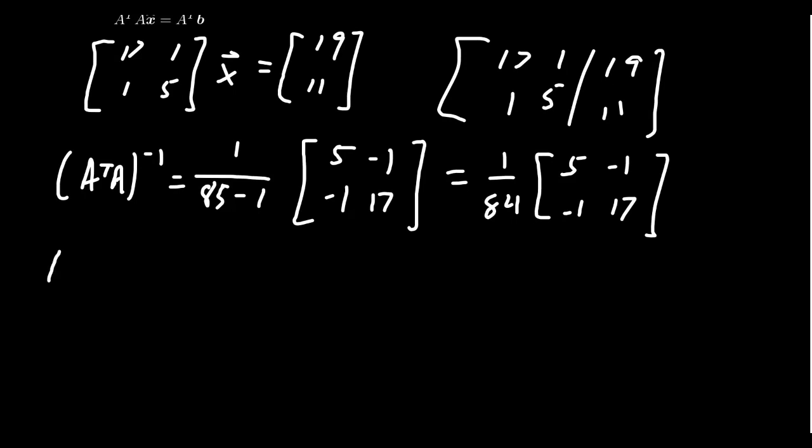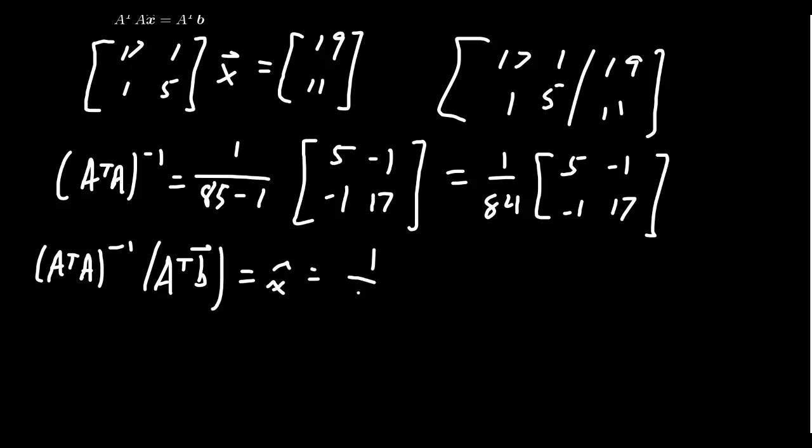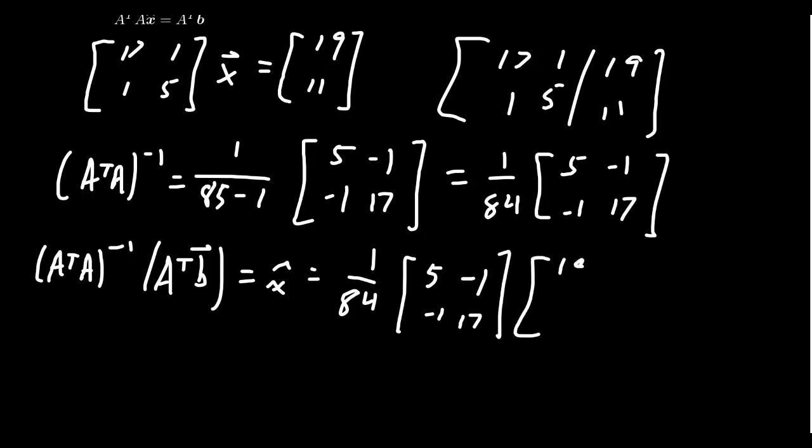And then you can multiply A transpose b by this matrix. And so A transpose A inverse times A transpose b is going to equal x hat. And so we have 1 over 84 times [5, -1; -1, 17], times (19, 11).